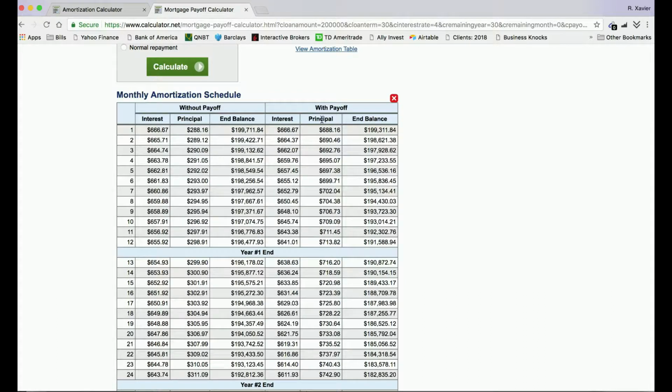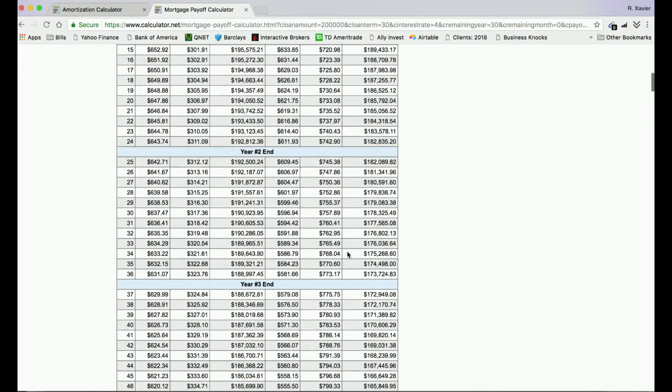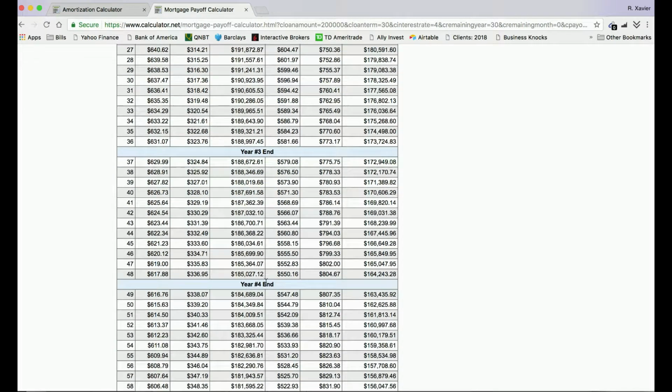And you say, well, Xavier, why is that? Because you're accruing less interest. So as you pay off more of this balance, you're actually accruing less total interest, to the point where you're getting a compounding on your savings, so to speak. So after a few years, and again, this is if you're religiously doing this, after 4 years, without the payoff, $336.95 is going towards principal.